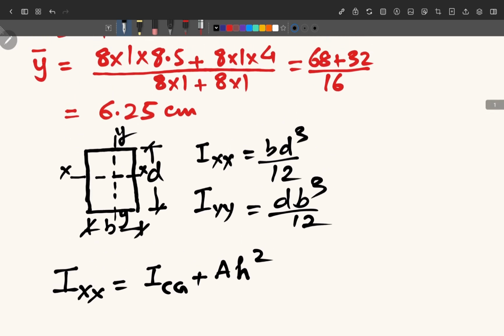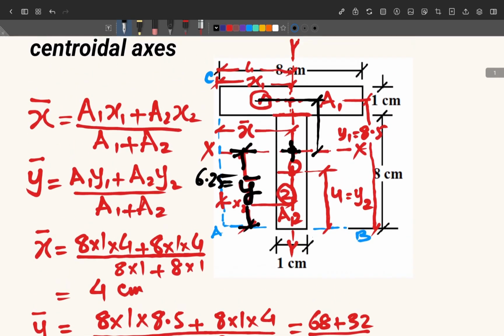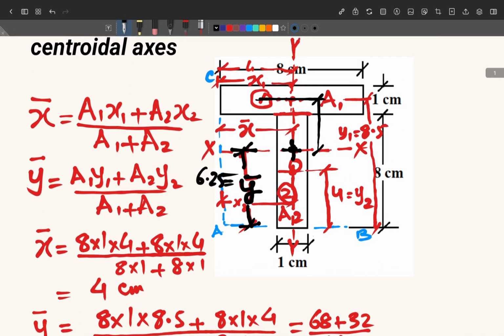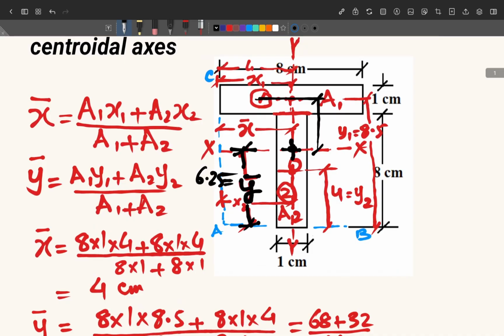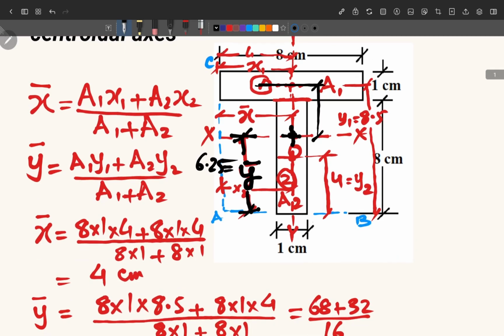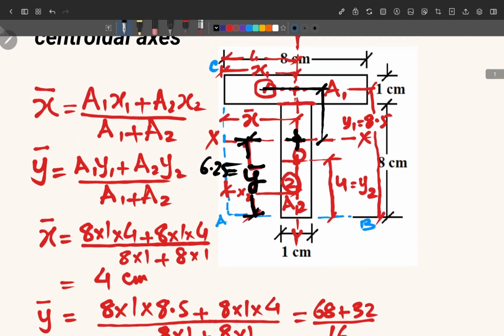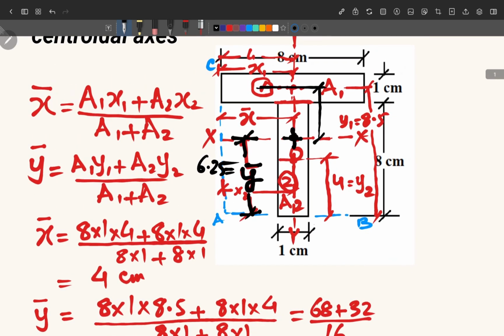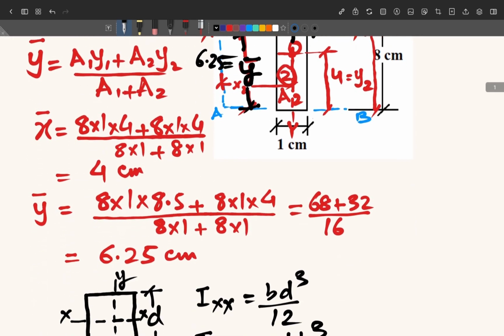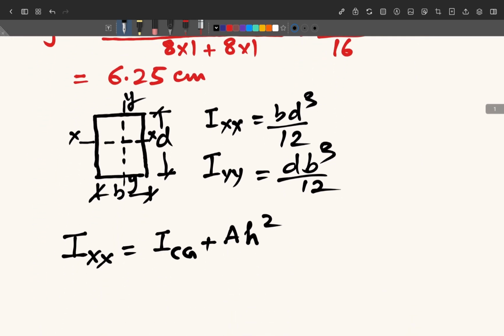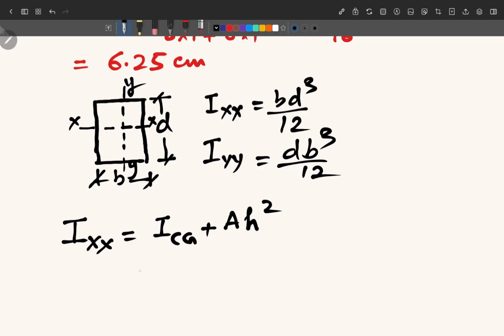Now we look at our case here. For A1, the distance is 8.5 minus 6.25 and the area is A1, and for its own centroidal axis, the moment of inertia of A1 is BD cube by 12. So we will transform it about the axis of the T section. So we can calculate here that this will be BD cube by 12 of this rectangle A1.